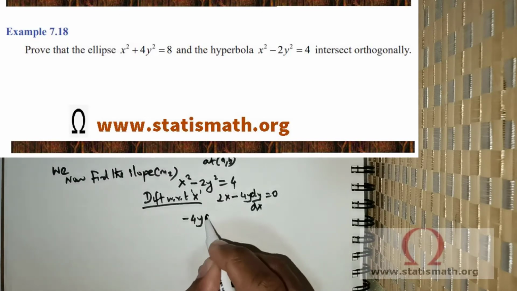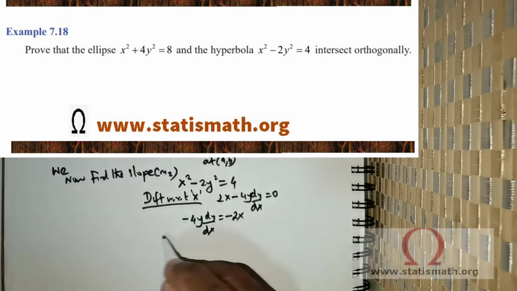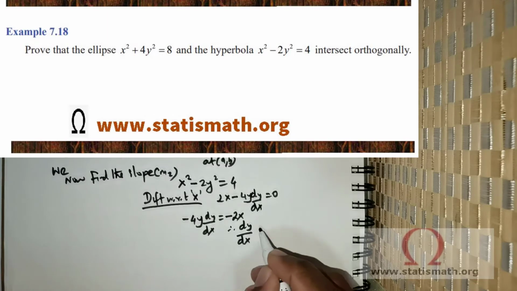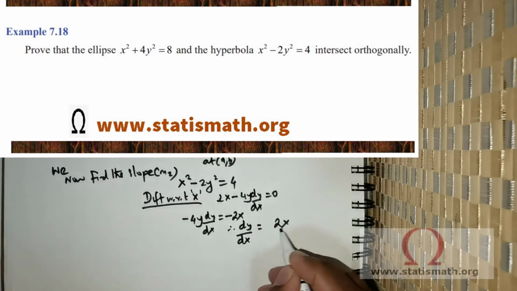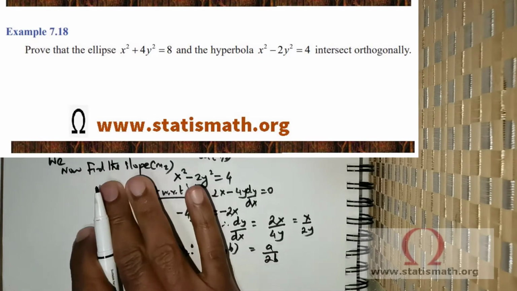So -4y dy/dx = -2x. The two negatives cancel, giving dy/dx = 2x / 4y, which is x / 2y. Now we need to find the slope at (a, b), so this is going to be a / 2b. This is m2.